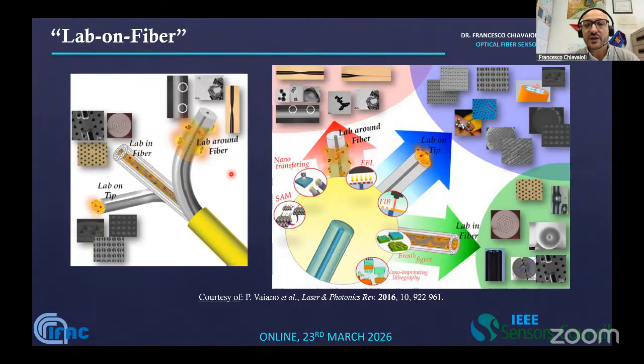And thanks to the technology and all the advances in micro and nano fabrication in recent years, this moved the concept to very extreme levels with high performance optical fiber based devices.